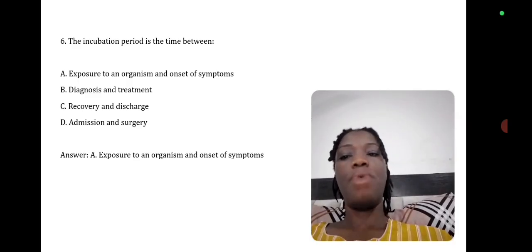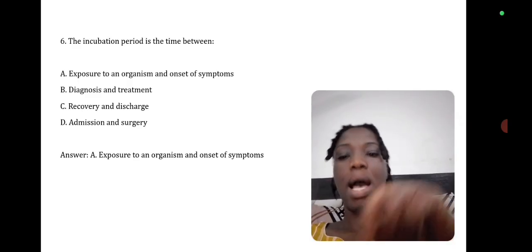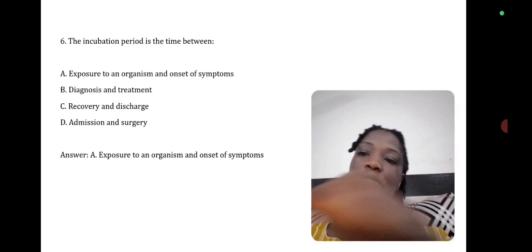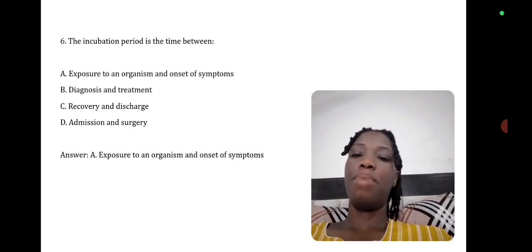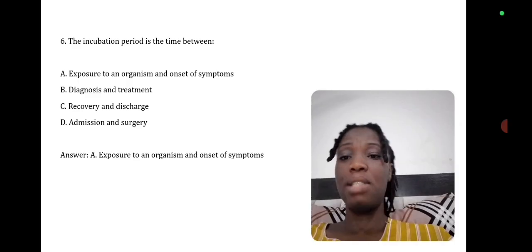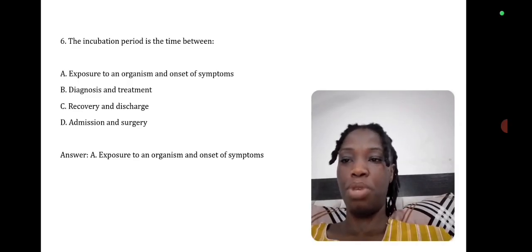So the day you are exposed to the microorganism until the onset of the first signs and symptoms is the incubation period. If they ask the incubation period for malaria, it is 3 to 7 days. Each disease has its own incubation period.